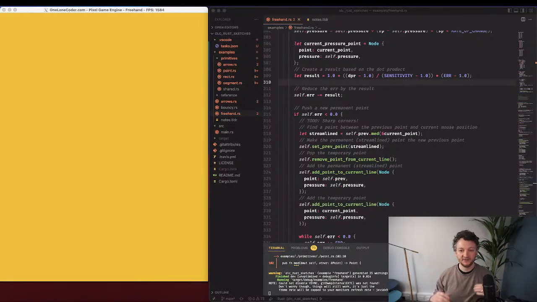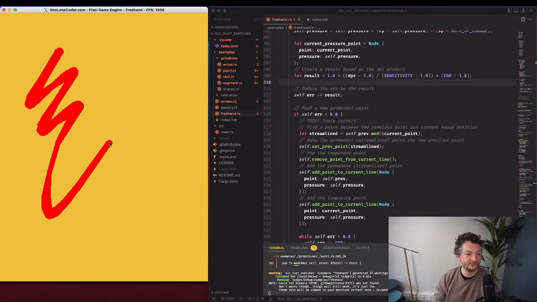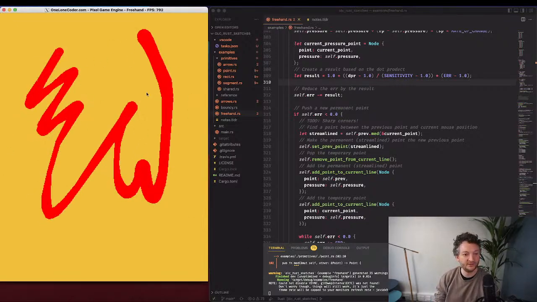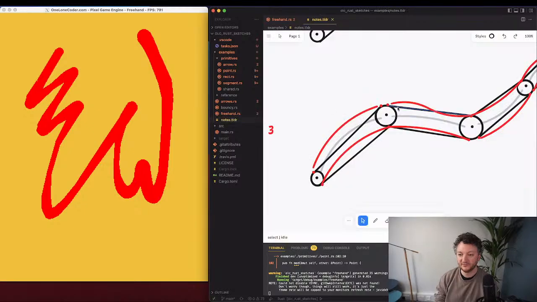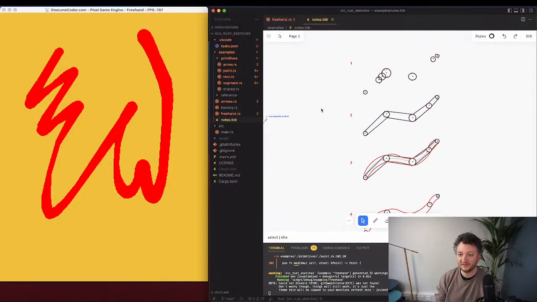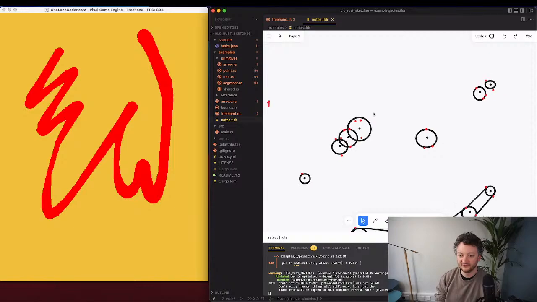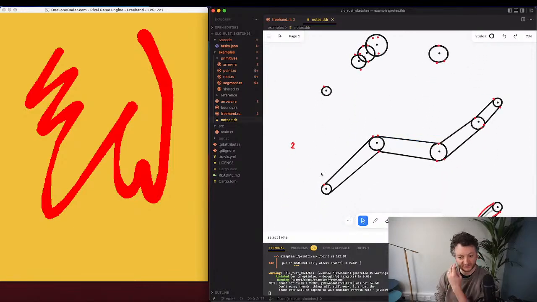Okay, so welcome back. I think we're gonna keep working on this freehand line. Last time we played around with this, we went from just getting the points to getting the pressure, and then being able to draw. Well, in this case, it's actually a little bit different.